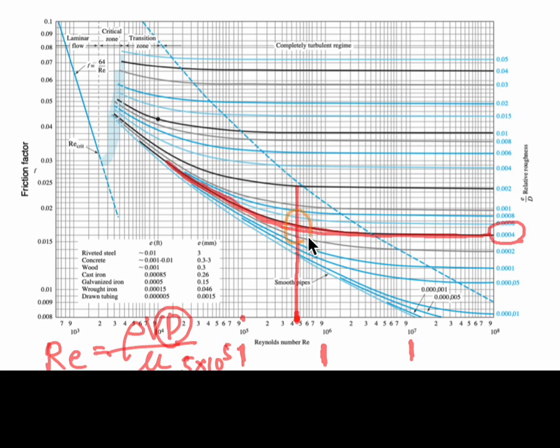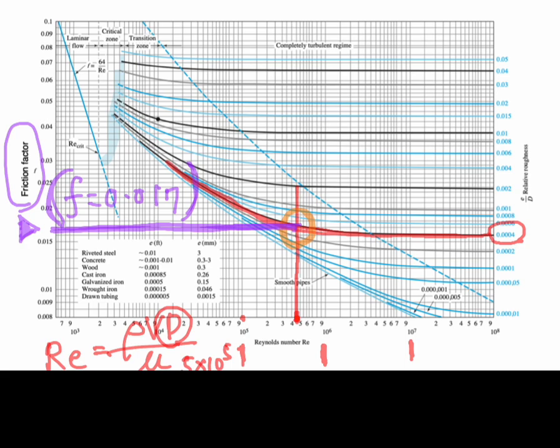This is the intersect point. From the intersect point, we could find the value of f by drawing a straight line to the left, and this value is the friction factor. For example, here f is equal to 0.017 maybe.